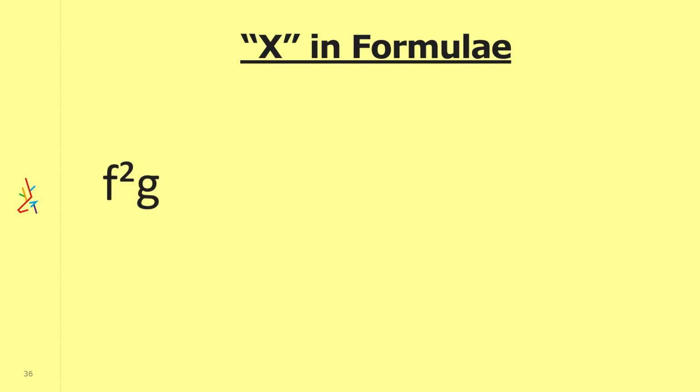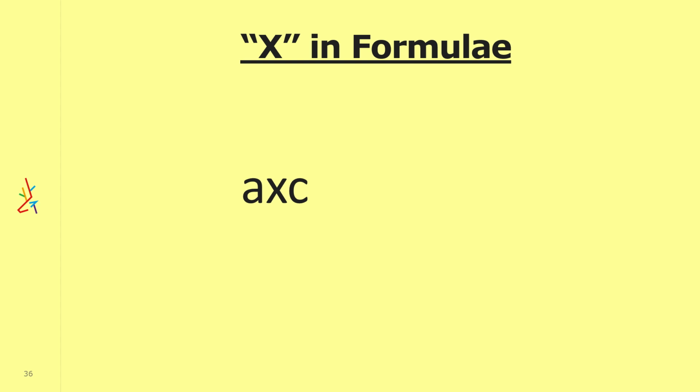For example, in this we've got f squared g. That means f squared times g. Don't forget, formula is a set of instructions. On this occasion, it looks like we've got A times C, but don't forget the X doesn't exist.